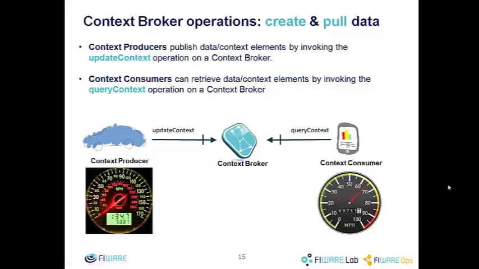In this example, a car would be pushing and updating the context related to its speed to the context broker, and at the same time, an application would be using the query context of the context broker to get this information about the speed of the car and present it in its interface.